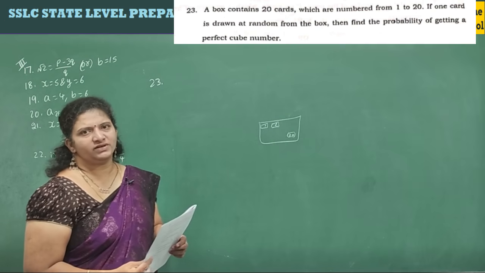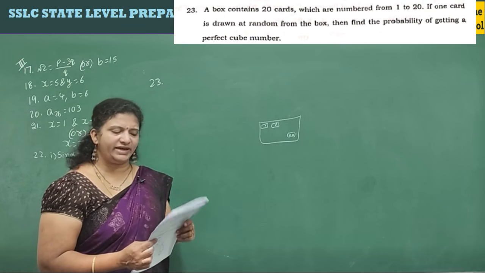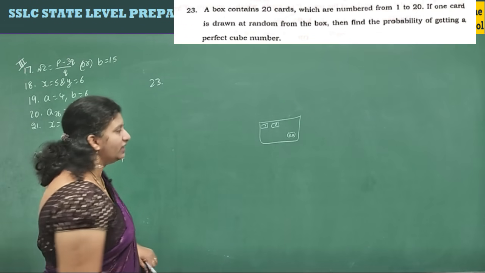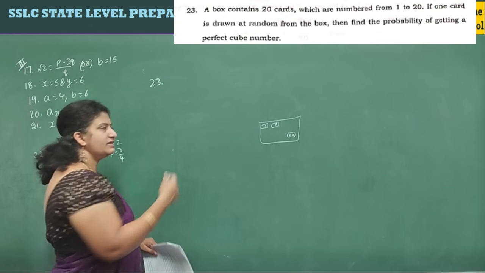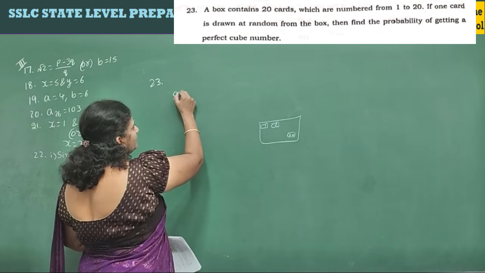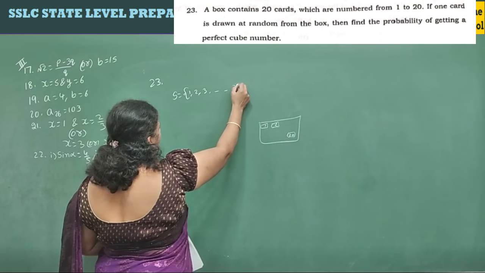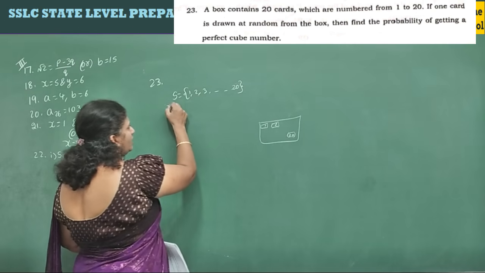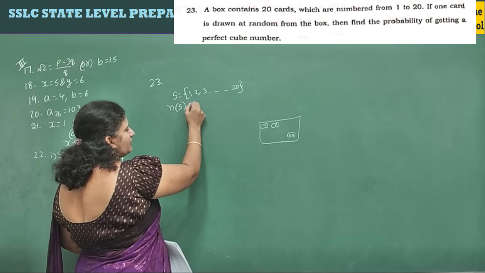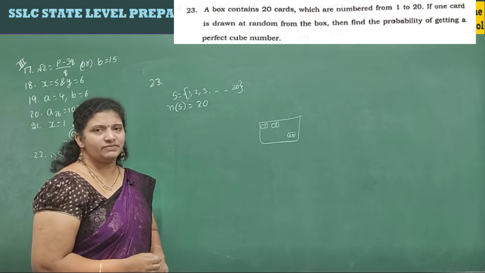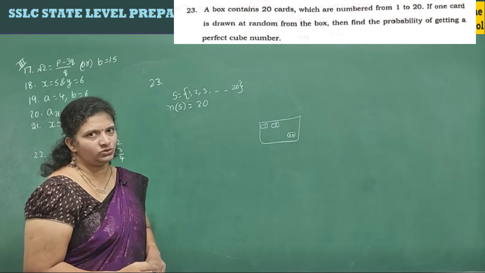Write the statement first. A box contains 20 cards and these cards are numbered from 1 to 20. So what are these cards? These are nothing but the sample space. 1, 2, 3, and so on up to 20 you can write, right? How many elements are there in the sample space? 20. Number of sample space n of S is equal to 20.